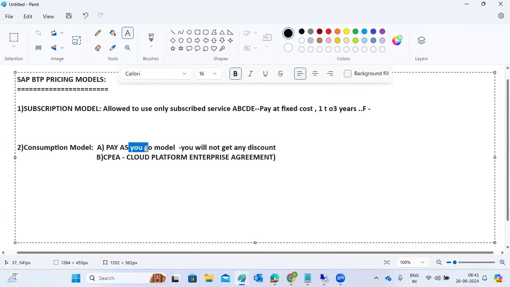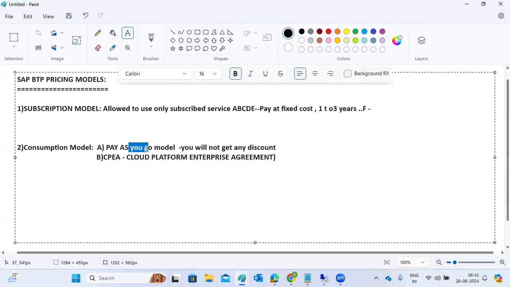The minimum investment entry is required, and you will get a lot of discounts in this one. You are billed annually in advance, and you can top up your cloud credits at any point in time. If the usage is over, then you can top up here.